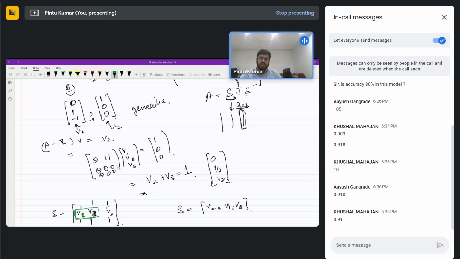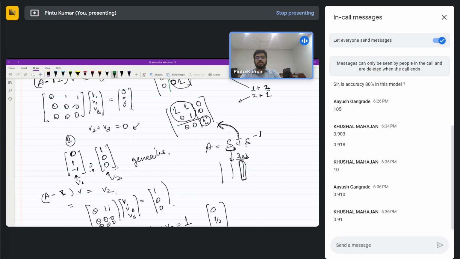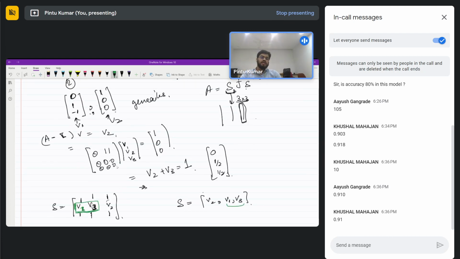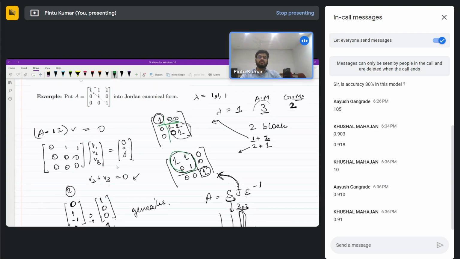Because we were writing V1 and V3 first as the first two columns, we will choose the Jordan canonical form where we have the two block on the top. In the second case, when we are writing it towards the end, we will choose the one where the two block is towards the end. Was I clear?